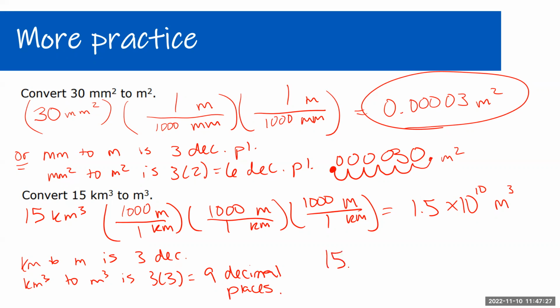So 15, we're going to move 9 decimal places. So 1, 2, 3, 4, 5, 6, 7, 8, 9. And sure enough, that's the same as 1.5 times 10 to the 10 meters cubed. Totally equivalent answers.